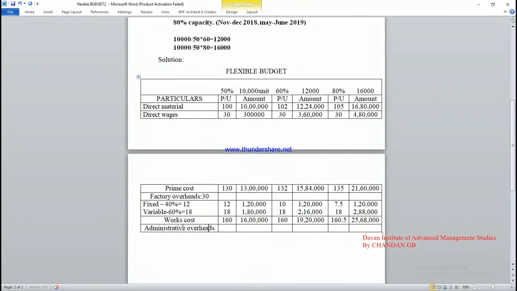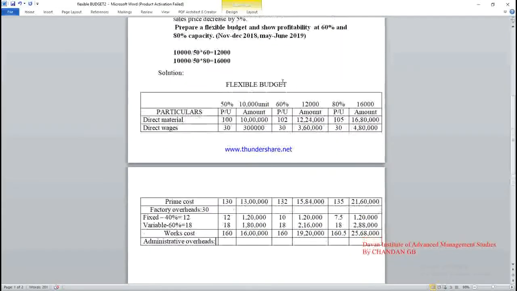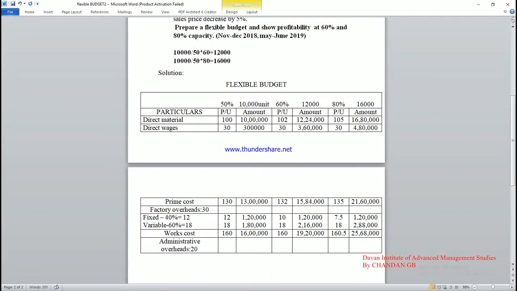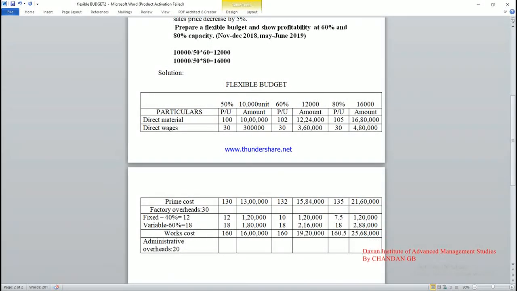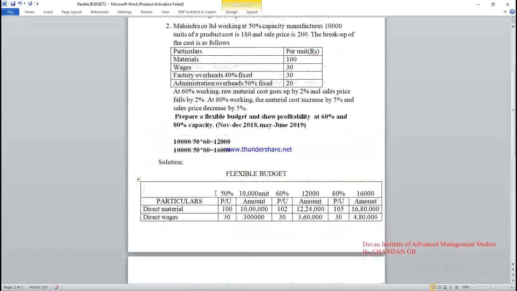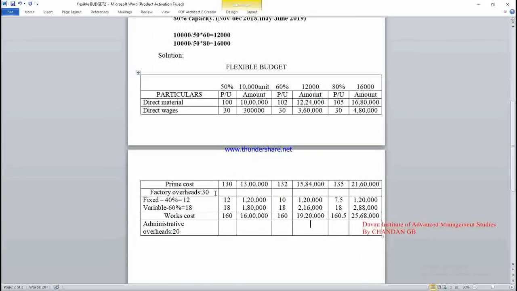Next is administrative overheads. In the given information, the administrative overheads is 20 rupees. In that 50% is fixed. Clear? They only said that semi-variable 50% is fixed.